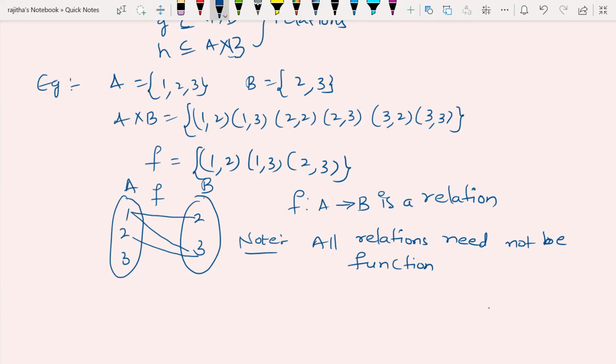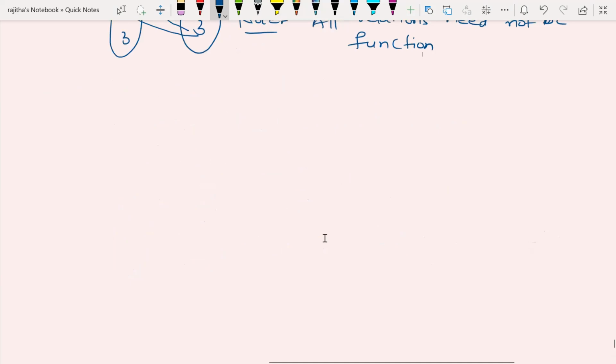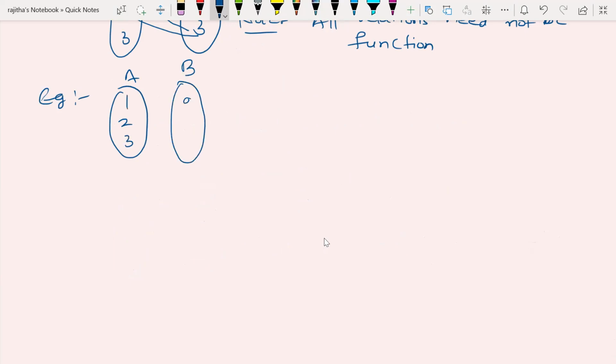One of the examples I'm discussing: set A is {1, 2, 3}, set B is {a, b, c, d}. 1 is associated with a, 2 is associated with b, 3 is associated with d. Whether this mapping F is a function or not?